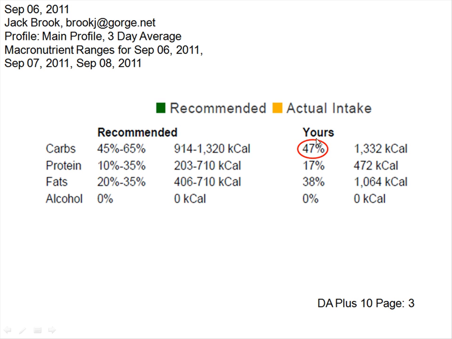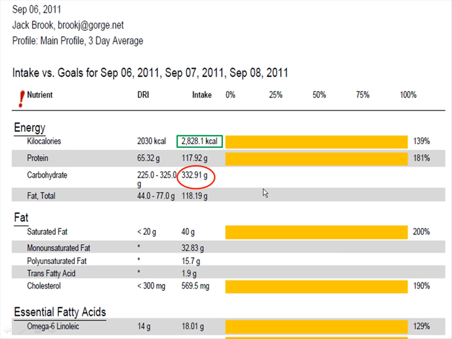I've circled the percentage that I got for my fake diet that I put together. You'll notice that it says I have an intake of 48% carbohydrate, meaning 48% of my total calories came from carbohydrates. Our goal, as you know, needs to be 58%. The way they got that percentage was by going back to this 3-day average page.